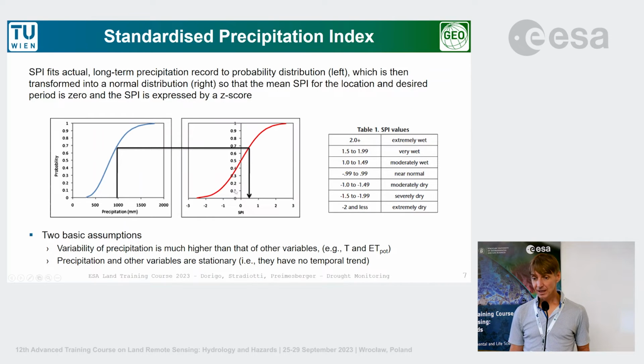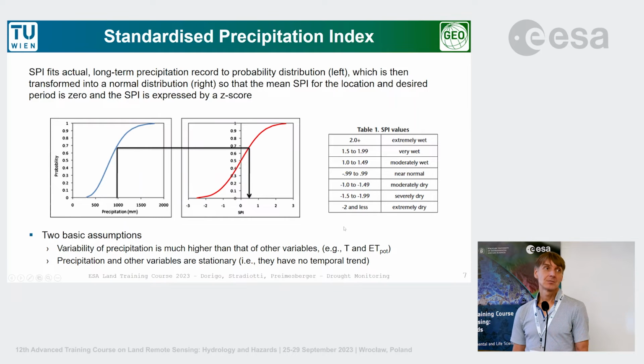With 1,000 millimeters, you're pretty close to the natural mean, slightly in the positive, but not more than one standard deviation. Here 1 is one standard deviation, 2 is two standard deviations. So you're in the normal range of precipitation. This is one way of expressing soil moisture anomalies as a drought index.